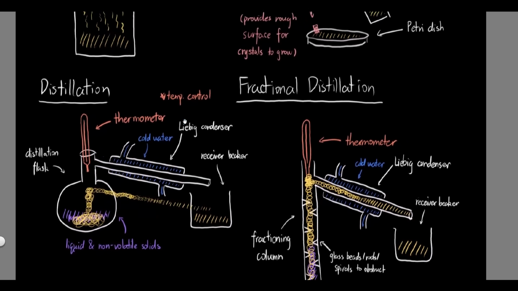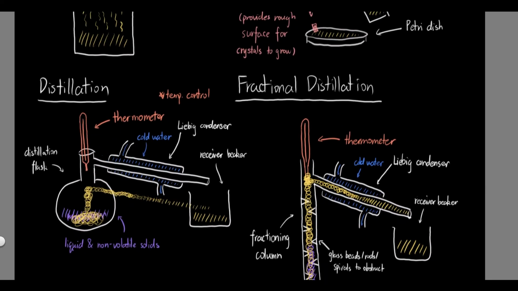So these two are quite similar, but just to clarify, distillation is used between liquid and non-volatile solids. Well, actually, I should write it in two lines, just like what I did above.